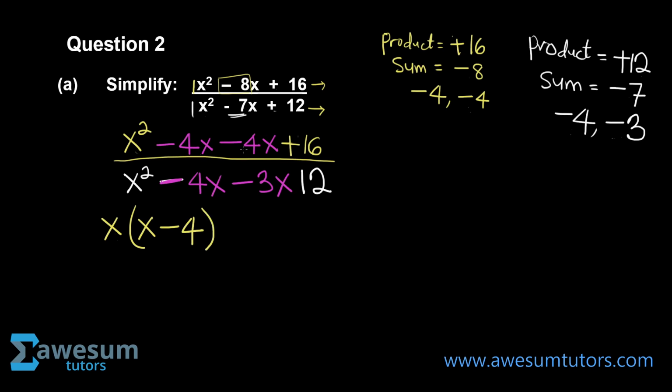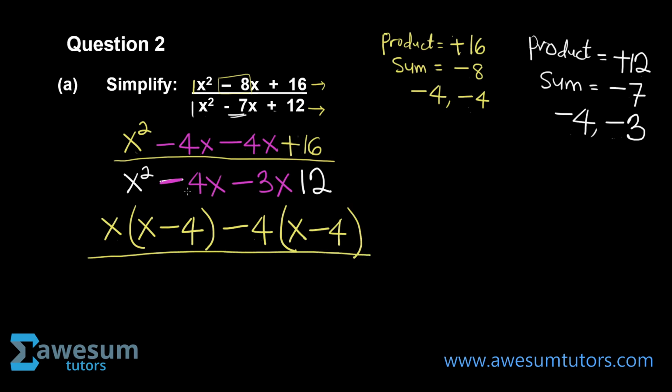What is also common is minus 4, because minus 4 divides minus 4x and it also divides 16. So I will have minus 4 bracket: minus 4 in minus 4x remains x, and minus 4 in plus 16 gives minus 4.